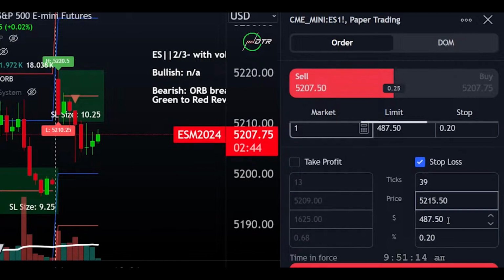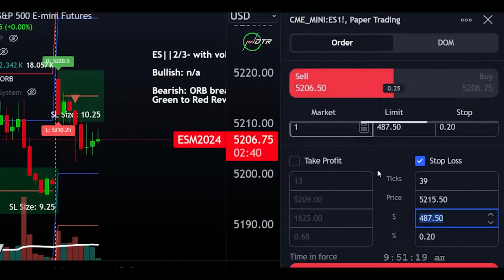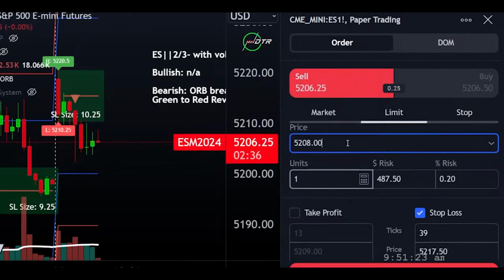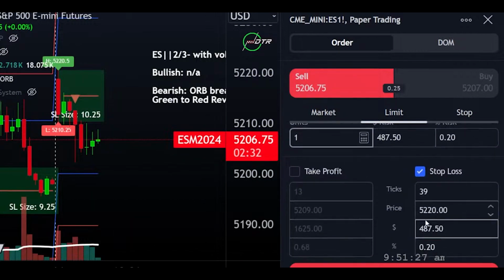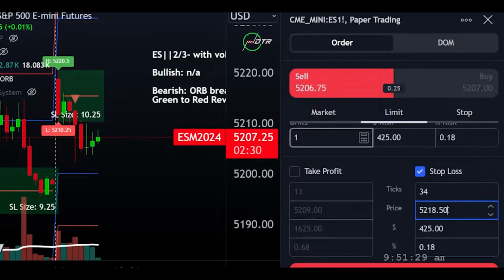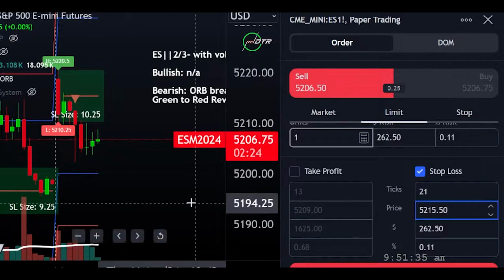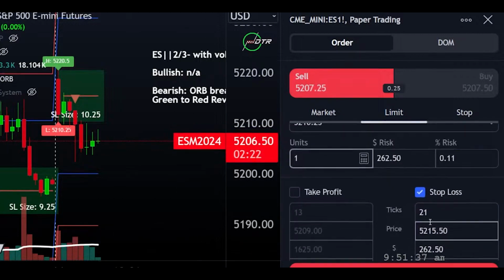So right now, one contract, if I got stopped out with an entry price 52.10.25, one contract, right, would cost me about $262.50.